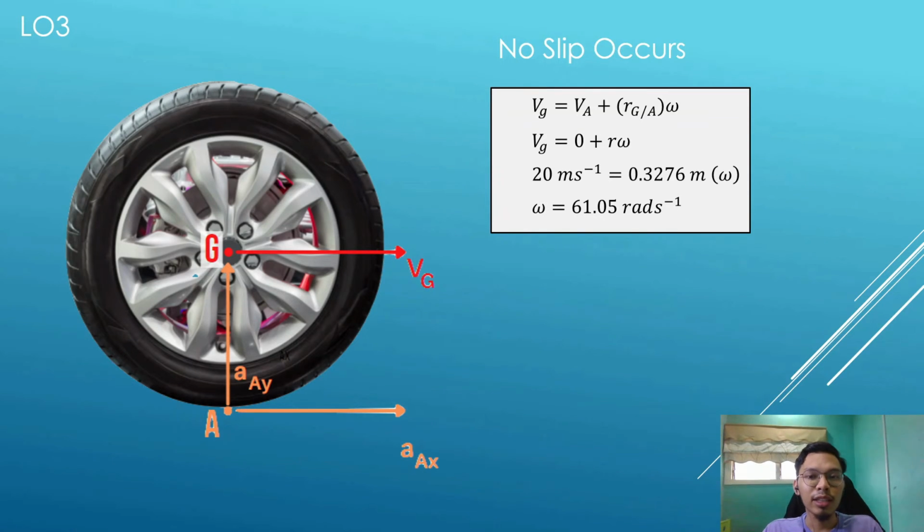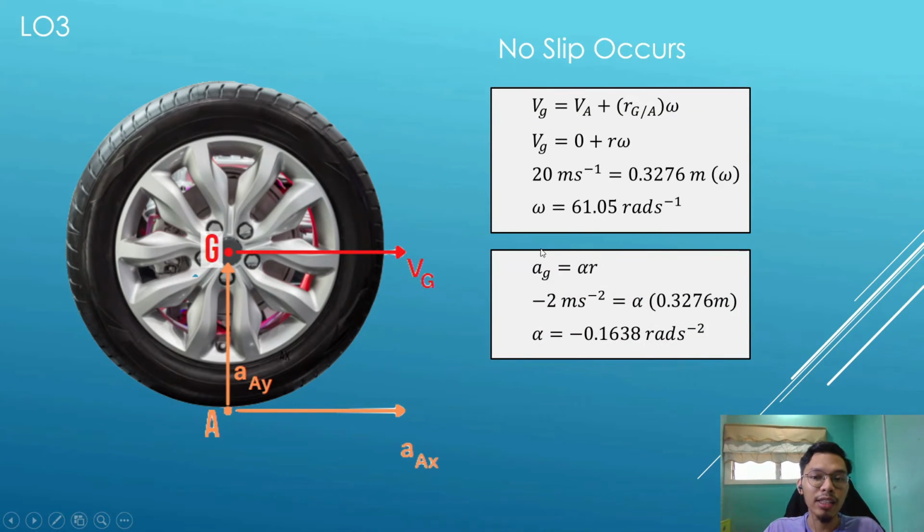Just use the formula AG equals alpha R. The AG, the acceleration of point G, equals the angular acceleration times the radius. So here we put AG equals negative 2 meters per second squared, because the acceleration of the ambulance at the point B is negative 2 meters per second squared, and R is the real measurement here.